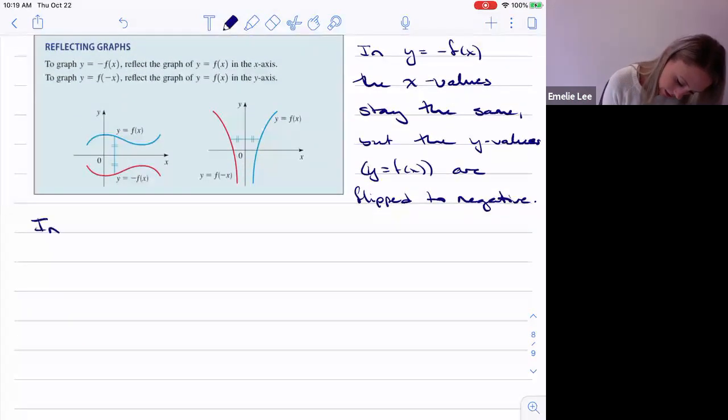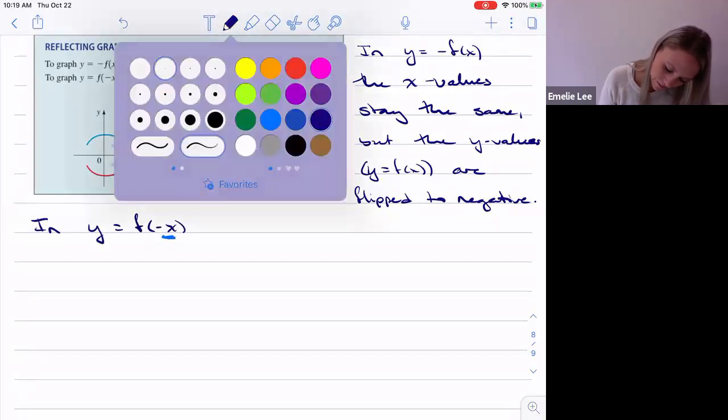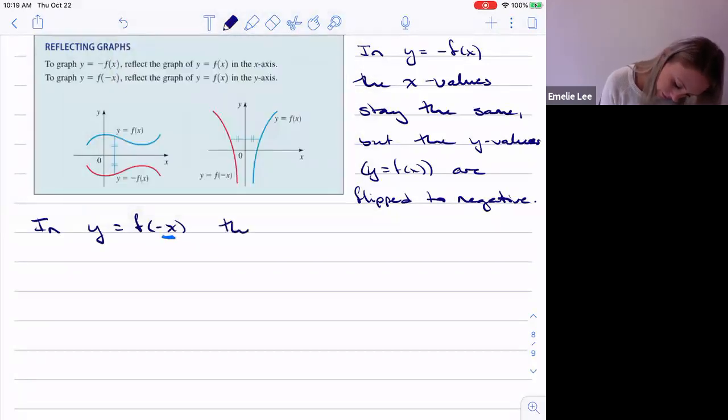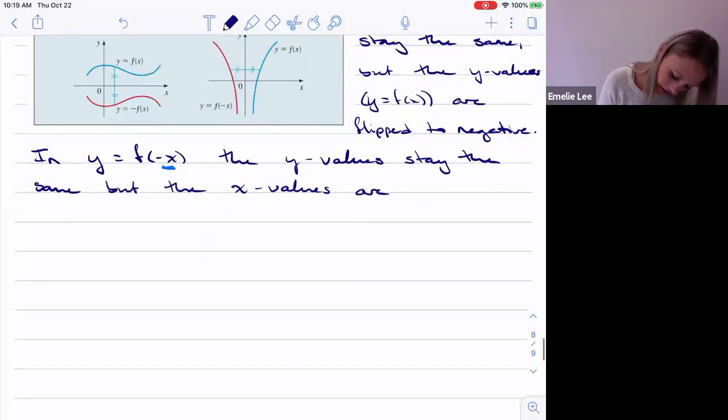And then in y equals f of negative x, the x's are negated. And so now the y values stay the same, but the x values are flipped to negative.